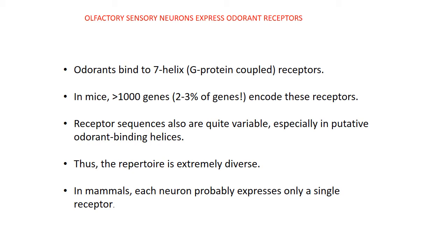Actually, in mice, about 1,000 different genes encode these receptors. These receptors are very diverse, and we think that each olfactory receptor neuron expresses only a single type of receptor.